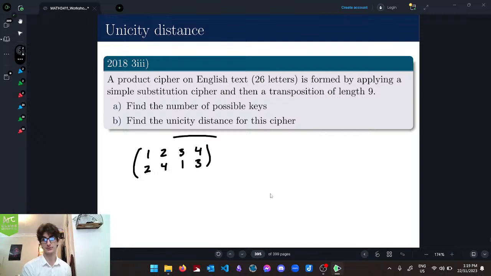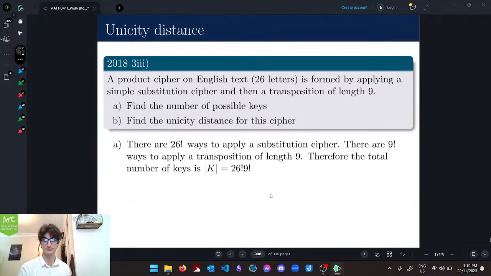That's not what it would be in this case. This is a length 4, applying 2 blocks of 4 length. We would actually have this be length 9. So find the number of possible keys, and find the unicity distance for the cipher.